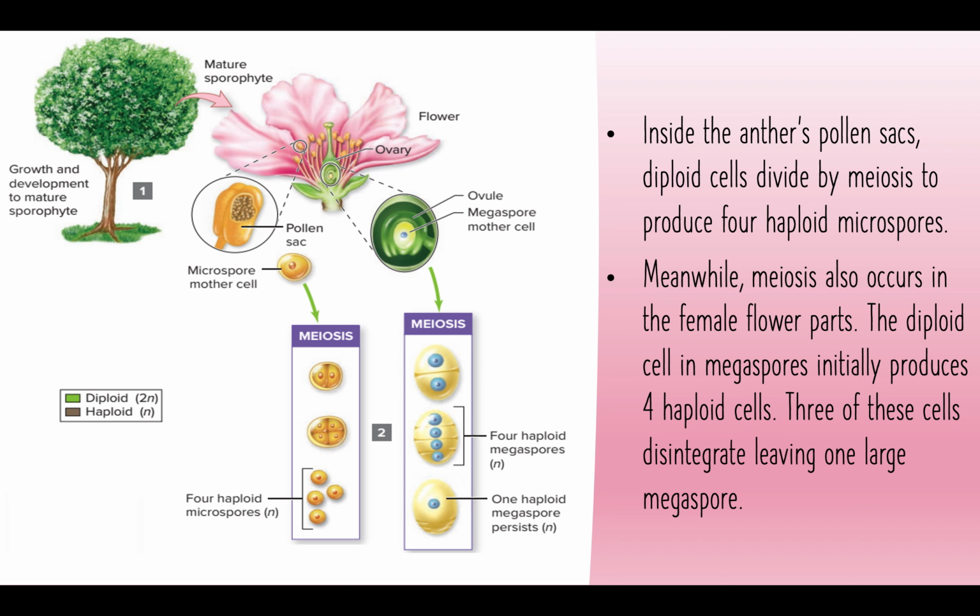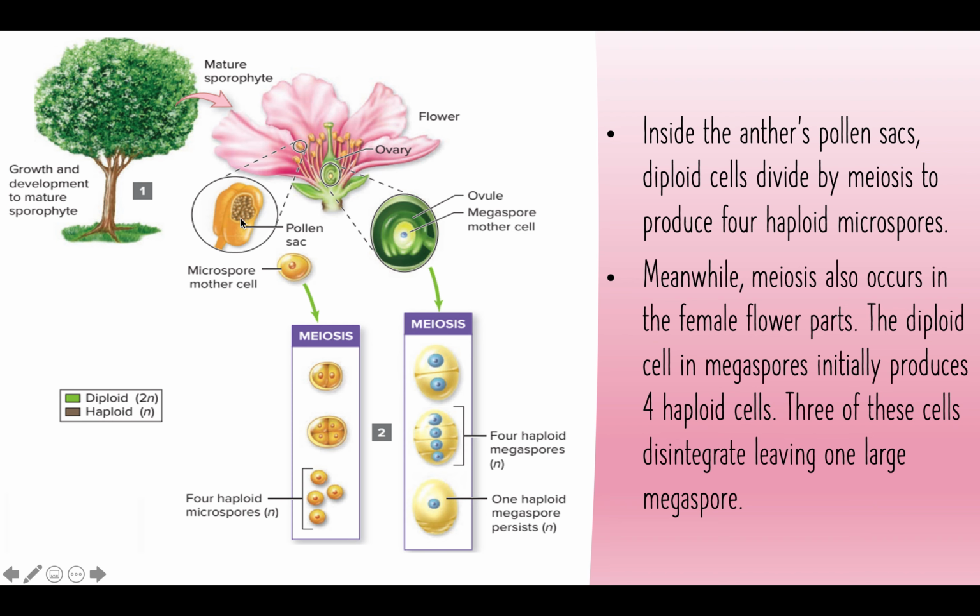Now first, after a seed has germinated and the plant has grown and developed into maturity, flowers will begin to form. Once the flowers have formed, the next step is to produce microscopic male and female gametophytes.